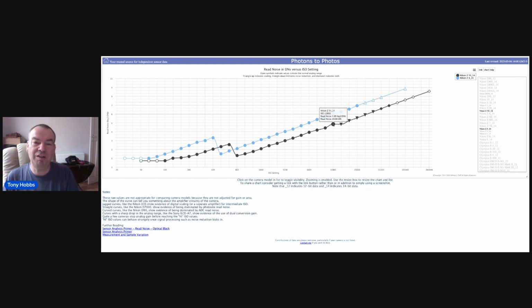Obviously on the Z5 it goes up to 1200. The Z8 obviously doubles that up to 25,000, and then it looks like 51,000 with these little triangles. That might be something to do. It probably tops out at 25, and then that's probably the high 1, high 2, high 3 up there.